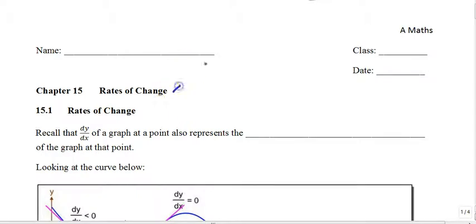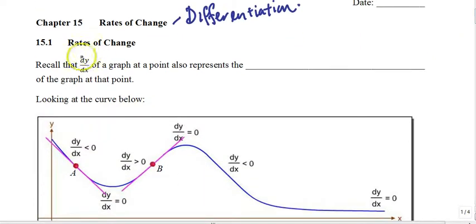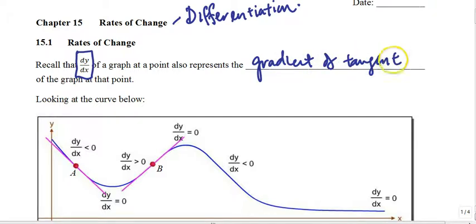Okay, so if you recall, I've told you before, the differentiation of a function can also represent the rate of change of a function. Okay, so earlier on when we started learning the differentiation of a function dy dx, we know that the dy dx of a graph at a point also represents the gradient of the tangent of the graph at that point.